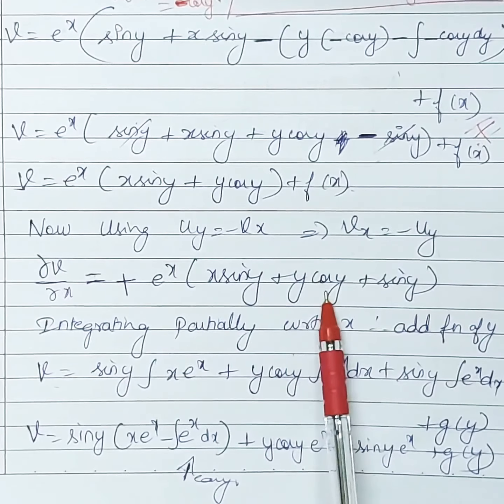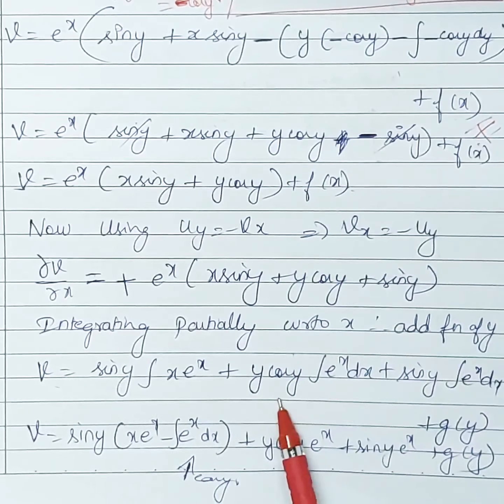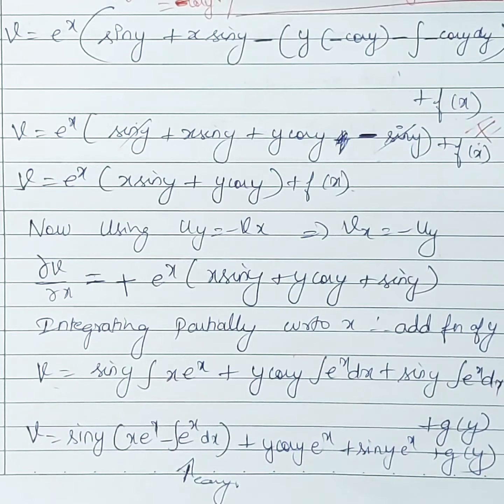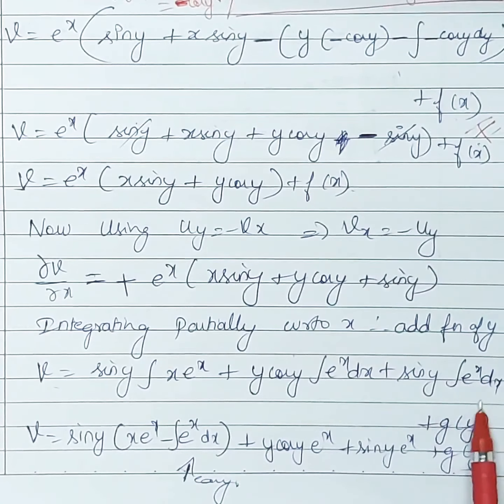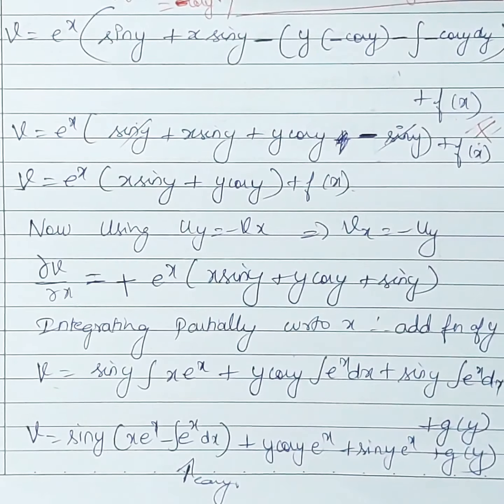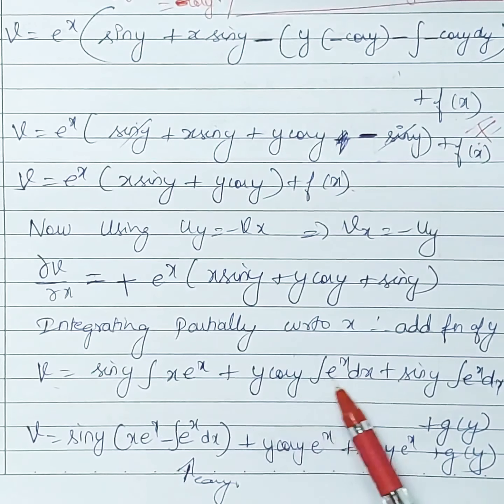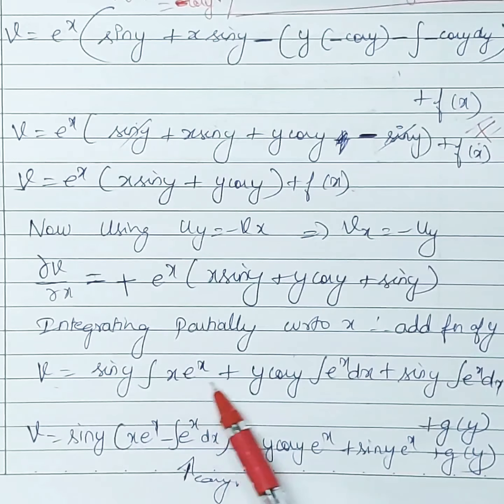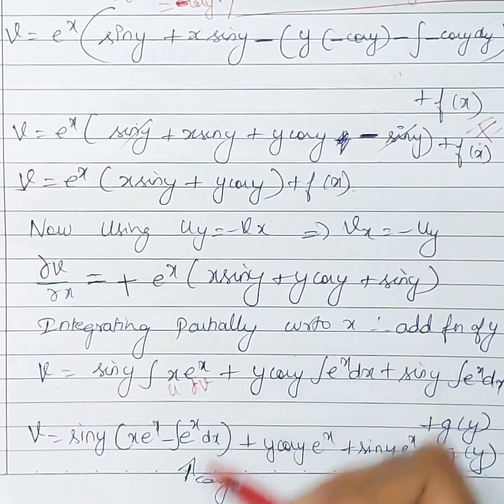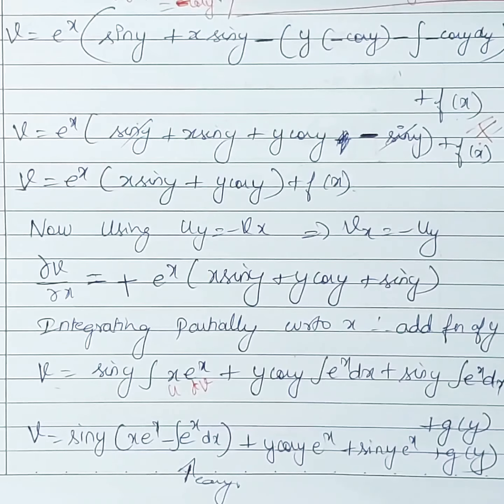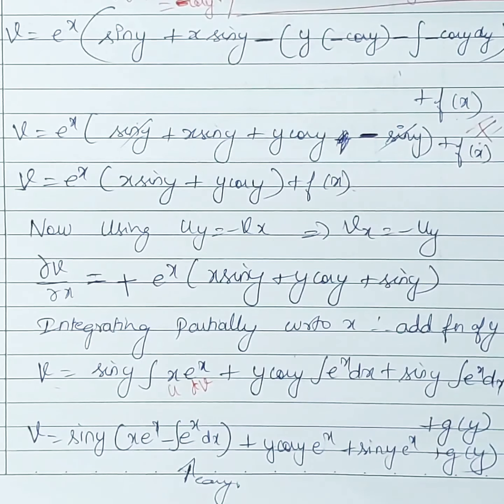e power x into y cos y. y cos y is just a constant, throw it outside. e power x, good. And then third term, sin y into e power x. Sin y as it is, integral of e power x. So if you see this, this is easy, this is easy. Again, integration by parts. x is u and dv is e power x. This is easy because e power x integration is also e power x, right?